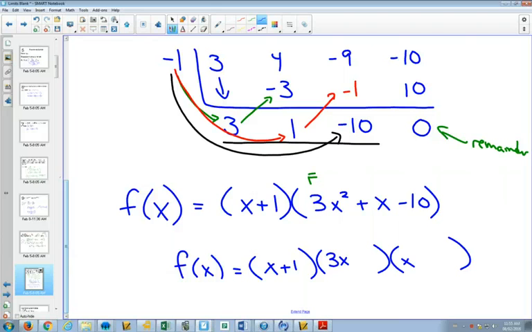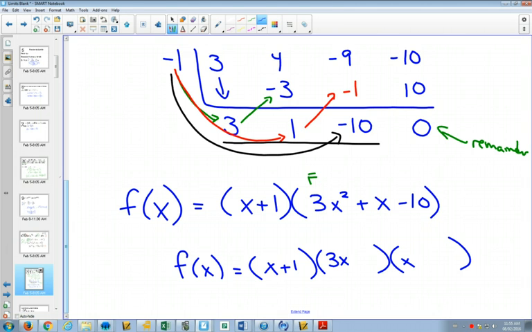Now to get 10, there's lots of options. There's 5 and 2, well, not lots of options. 5 and 2, or 2 and 5, 1 and 10, or 10 and 1. And it's important that I list them differently because 5 and 2 and 2 and 5 both make 10, and it doesn't matter the order. But when I put them here, it does matter the order.